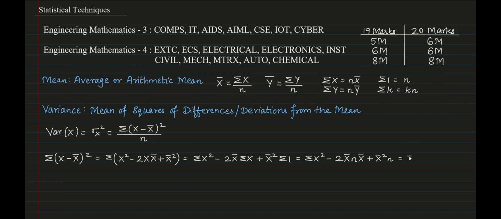So this is nothing but summation of x square minus 2n times x bar square plus n x bar square. If we simplify this, we simply get summation of x square minus n x bar square, the whole upon n. It is not mandatory for us to know the proofs. If you just know the formula, it is more than sufficient.